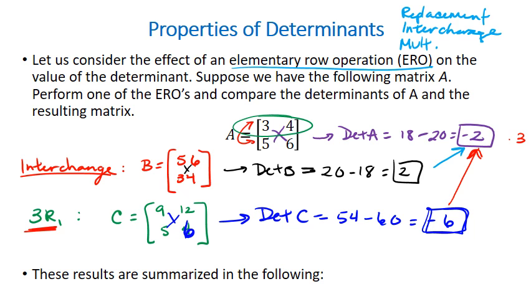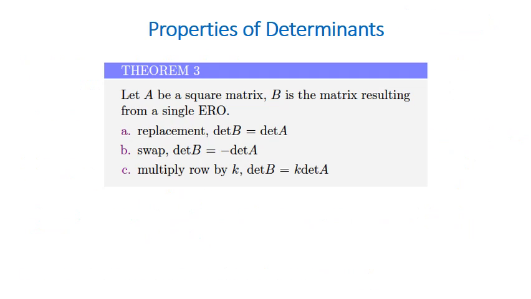So these observations lead us to the next theorem for properties of determinants. This theorem is going to be widely used in this section. It's pretty important.